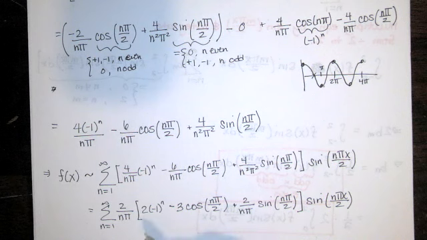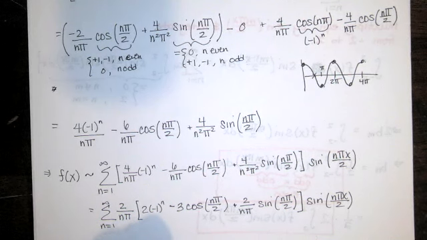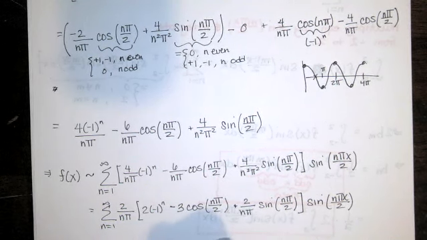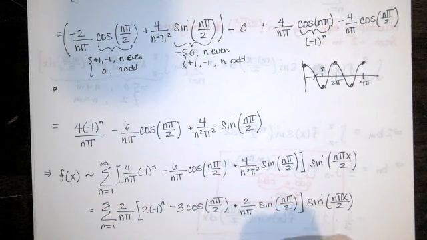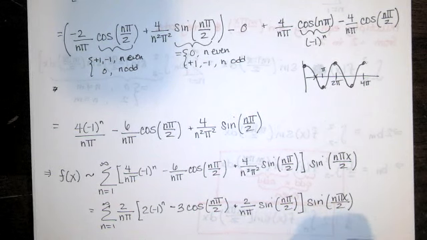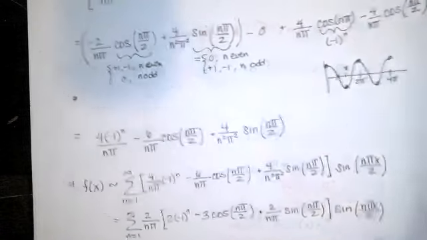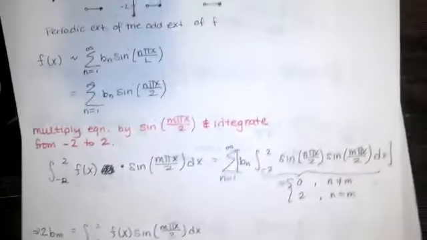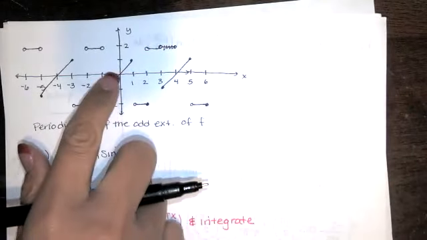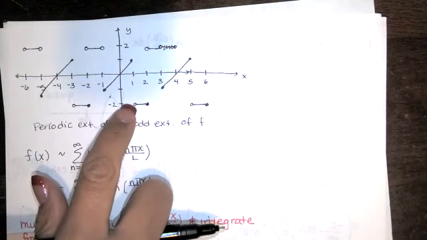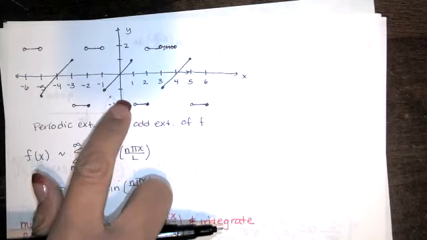Now, when you're asked what this series converges to on the interval from 0 to 2, well, we know it converges to f when the periodic extension of f is continuous. So let's look at that periodic extension of f again. We're on the interval from 0 to 2, and it's continuous on the interval from 0 to 1, including 0, and it's continuous on the interval from 1 to 2, not including 1.